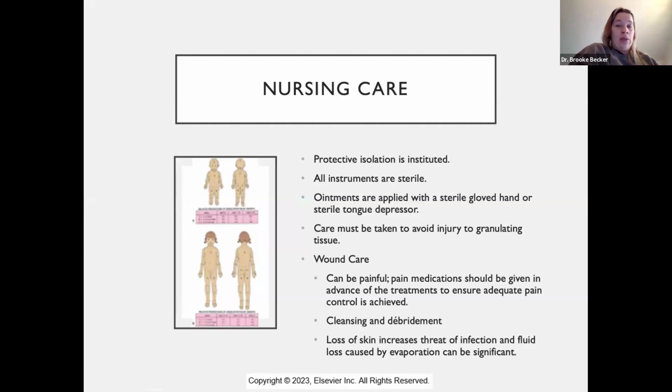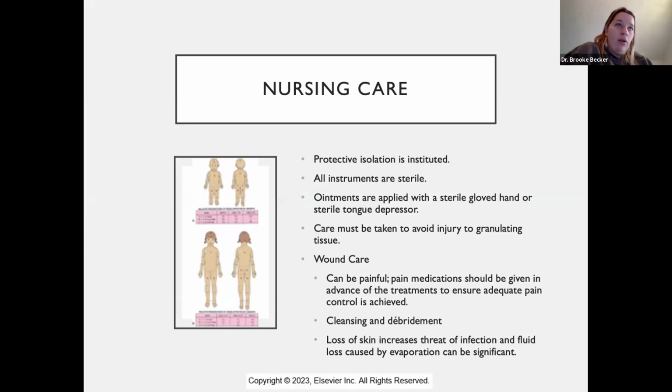All instruments you will be using to do changes will be sterile, so they'll get a new pack of instruments every time you're doing dressing changes. Ointments and all of that will be applied with a sterile glove or sterile tongue depressor. So you're not just gooping it on with a normal glove. It's all got to be sterile because infection is very, very likely in these patients.